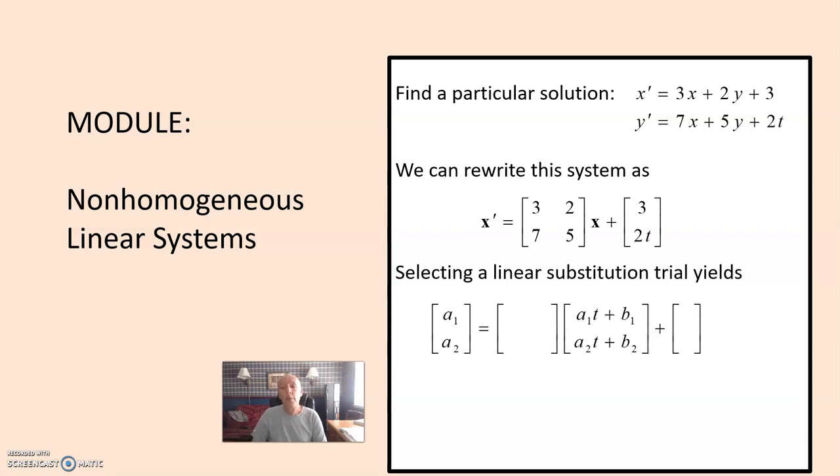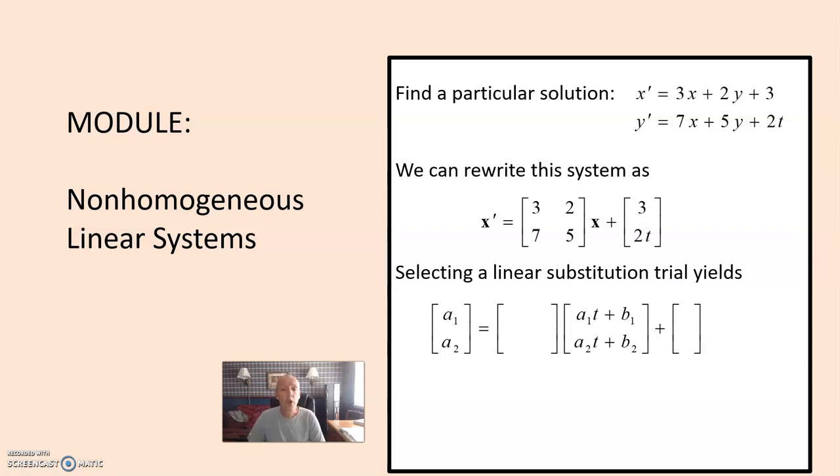All right. We want to observe here that we're going to be selecting a linear substitution trial. Why is that? As we look at these equations, it looks like they're linear. So we'll use a linear substitution trial, which gives us the following system.